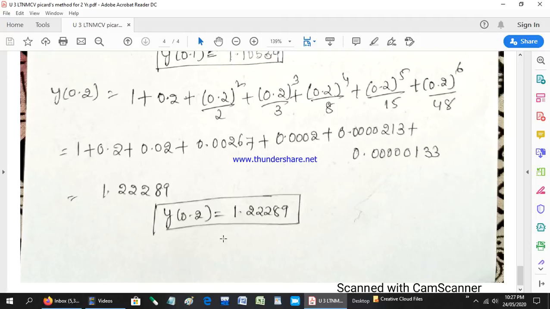So this is a method called Picard's method, and we cannot say it is suitable for n number of problems to substitute, because we don't have a particular rule where we have to stop the approximation, because that depends purely on the given function, right? Thank you.